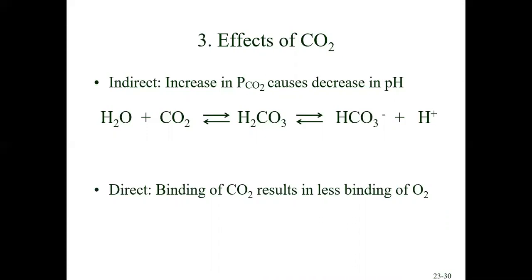They're producing CO2 as a waste product. And by having more CO2 generated out in the tissues, it lowers your pH. It also increases the CO2, so that means less binding of oxygen. But that's what you want, because you want the oxygen to be released from the hemoglobin to go into the tissues where they need the oxygen.